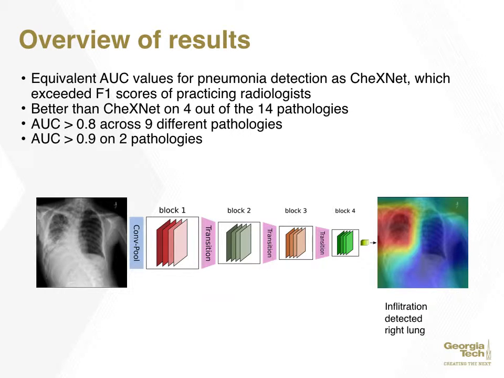The ChexNet model detected pneumonia with F1 scores that exceeded those of practicing radiologists, and our model achieved equivalent AUC values. Additionally, our model outperformed ChexNet on 4 pathologies, with AUC greater than 0.8 on 9 and greater than 0.9 on 2, emphysema and lung hernia.